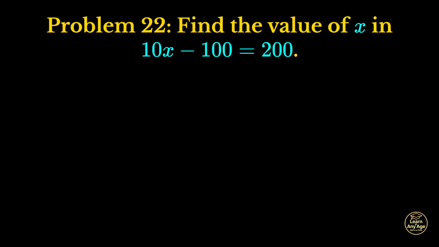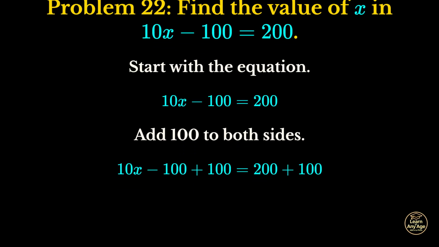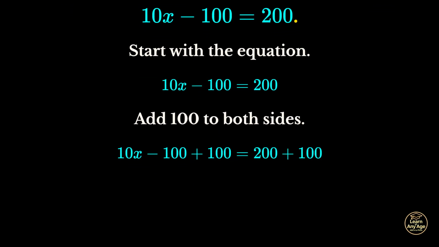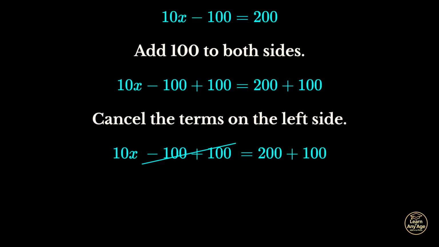Problem 22. Find the value of x in 10x minus 100 equals 200. Start with the equation. Add 100 to both sides. 10x minus 100 plus 100 equals 200 plus 100. Cancel the terms on the left side.